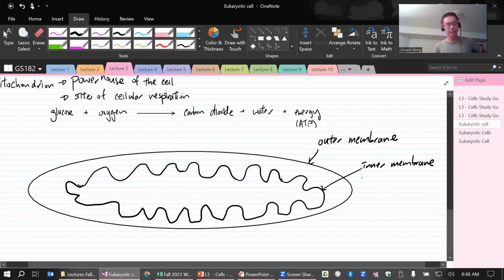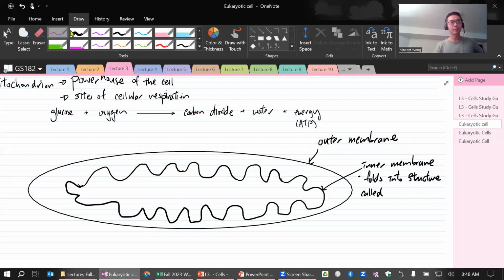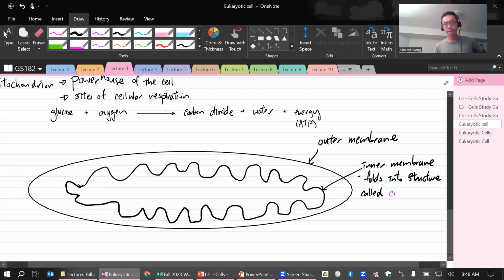So the inner membrane folds into a structure called cristae, which maximizes surface area.